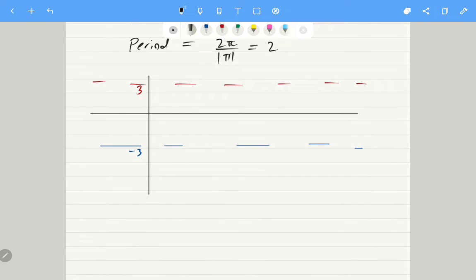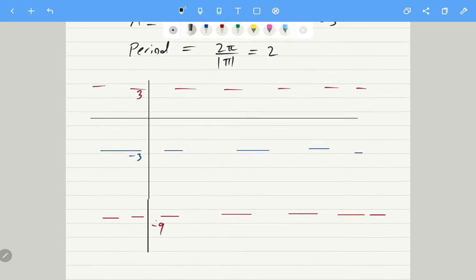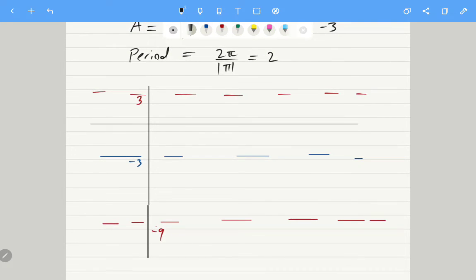So I might just extend out this line a little bit further. Maybe a little bit too far. Something like this. There you go. -9. Alrighty. So now I just need to think about the shape of the sine function, because it hasn't been shifted left or right, so it's just a basic shape and it's not been reflected.